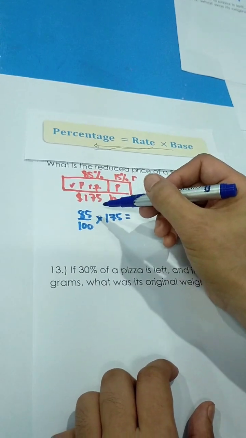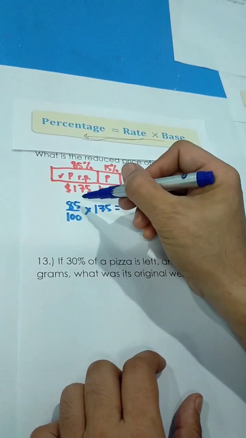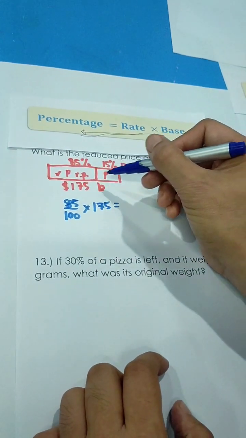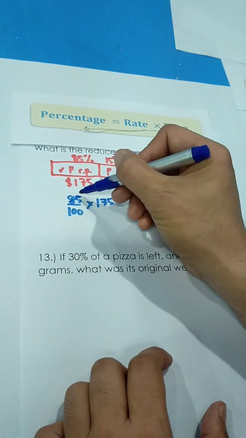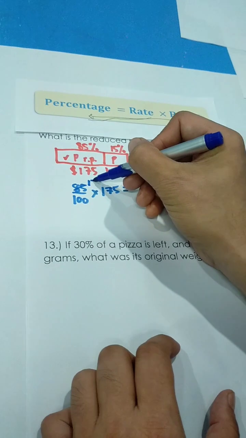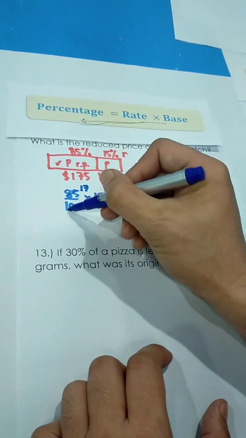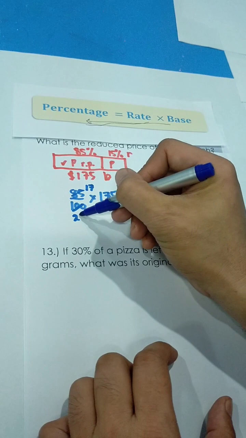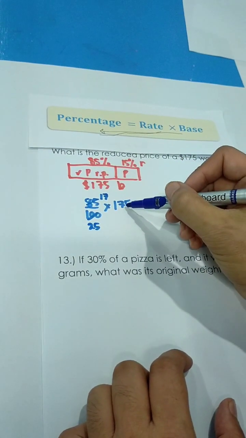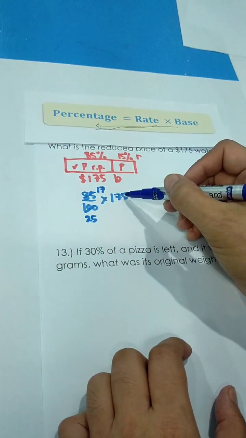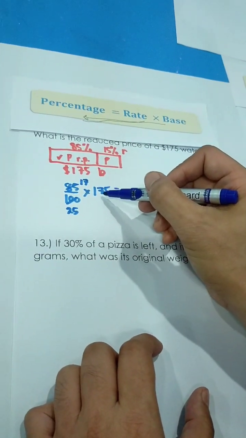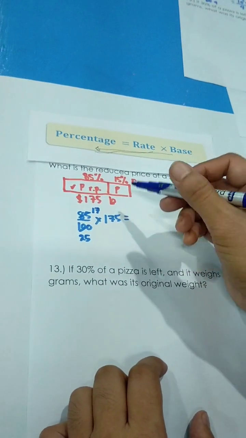And then we can reduce this by 5. 85 divided by 5 is 17. 100 divided by 5 is 20... next, 175. We can divide this by 5, that is 35.